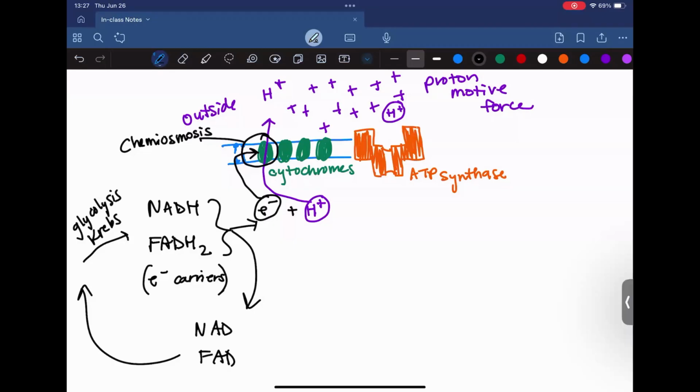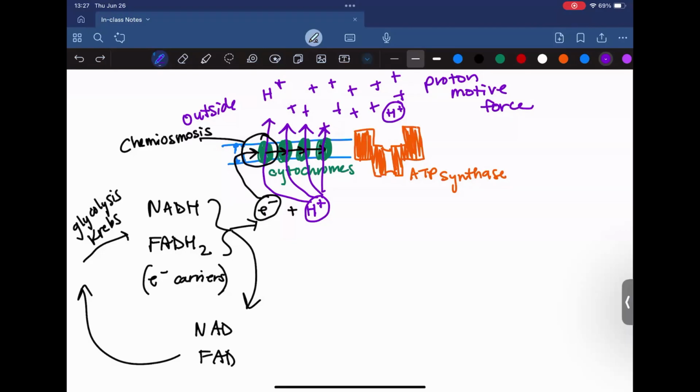So the electron goes through one cytochrome, it causes a proton to be pumped out. It moves on to the next cytochrome, and then the next one, and the next one, and so on. Each time, hydrogens are getting pumped out, creating this gradient, the proton motive force. We following?